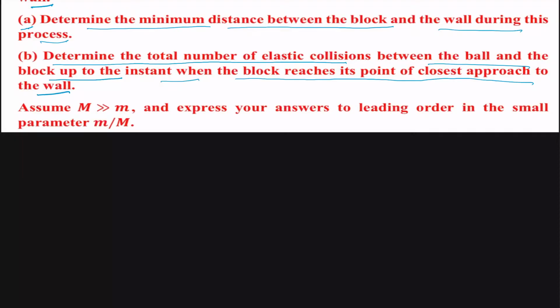So in this case, we can just draw an approximate figure. Suppose this is the wall, and we have a plane frictionless surface on which we have a block that is capital M, and we have a ball whose mass is small m, and this capital M is moving with the velocity of v0 toward the wall.